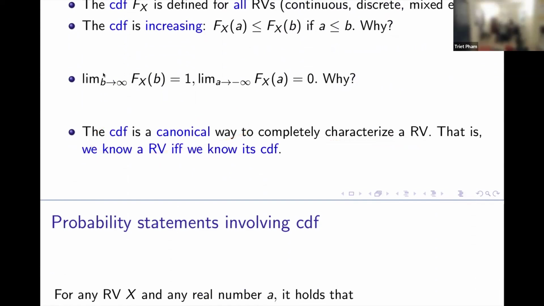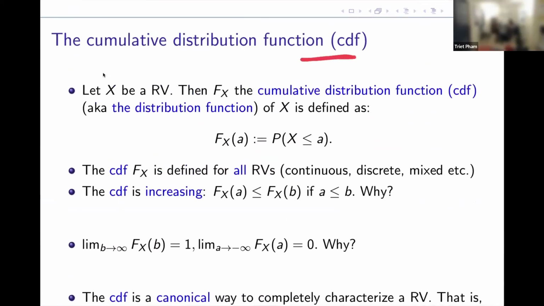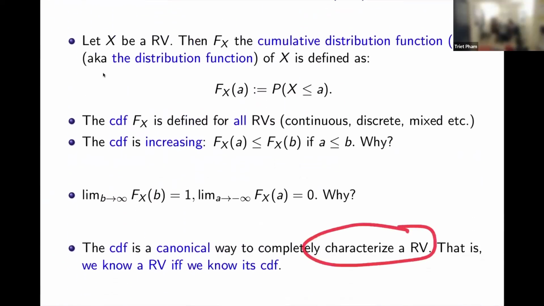Meaning that you could say, and no one can fault you for it, that if you're given the CDF, the cumulative distribution function of a random variable, then you completely know that random variable itself. This is an advanced concept, but it's actually the cornerstone of probability, so we must talk about it. And it's not just that in terms of theory.